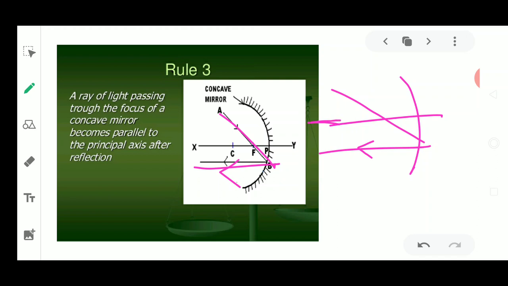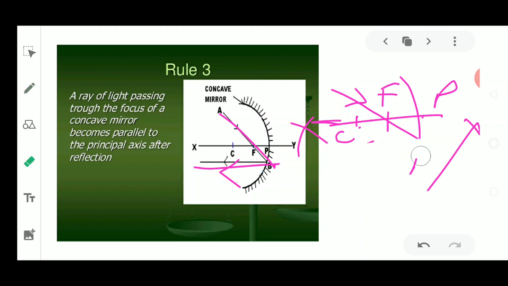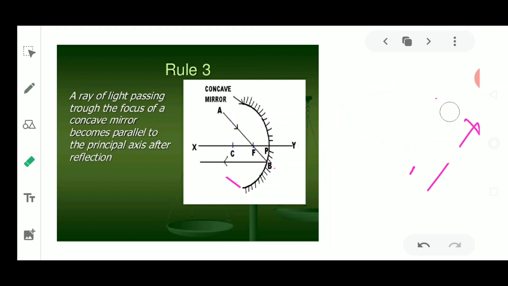So this is the focus, this is the center of curvature C, this is the pole, and X and Y is the principal axis. This is how the third rule is explained for this concave mirror.